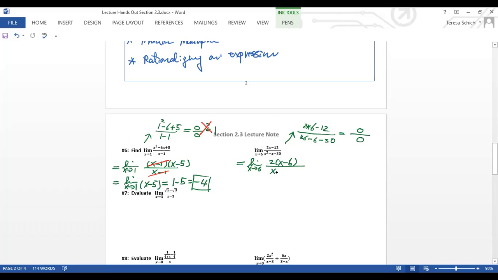You factor, well, this is x minus 6, x plus 5. Whoa, very good. So I see here the x minus 6, x minus 6 cancel. So what I have here is the limit as x approaches 6 of 2 times x plus 5. So what is the answer? 2 times 11, which is 22.